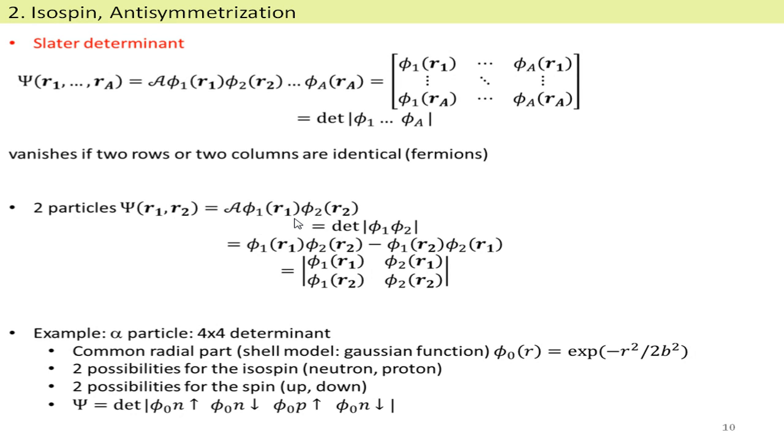And here, if you include the spin and isospin, the alpha particle Slater determinant is written as here. So you have 4 functions, and the spatial part is common to the 4 functions. And then you have either the isospin, neutron or proton, or the spin which is defined. So this is the Slater determinant corresponding to the alpha particle.